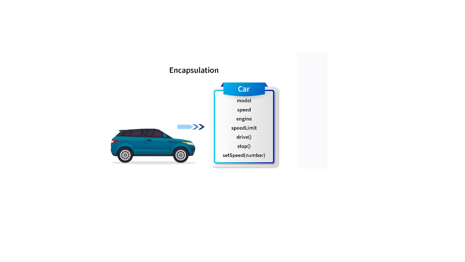Likewise, we have car properties like model number, mileage, engine, and speed. If we put these properties and behavior together into a single unit, it is encapsulation. So a car is a real life example of encapsulation.